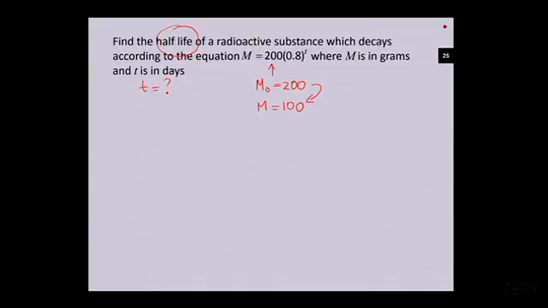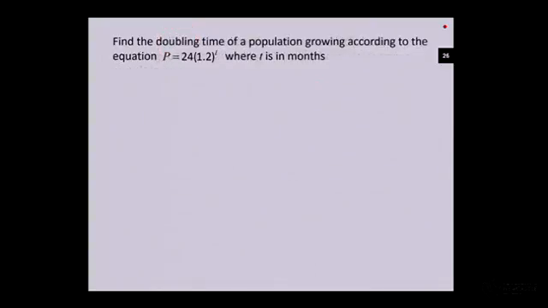It's the setting up. I think we've done quite a few of the questions. This one here says, find the doubling time of a population growing according to this. Now, this is growing, and we want the doubling time. So it's not a half-life, but find how long it takes for the population to double. So how do you know where to start on that?